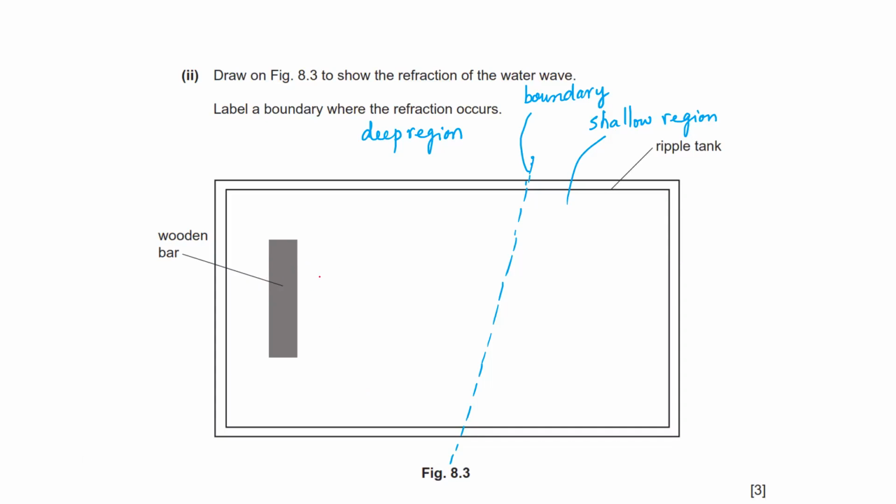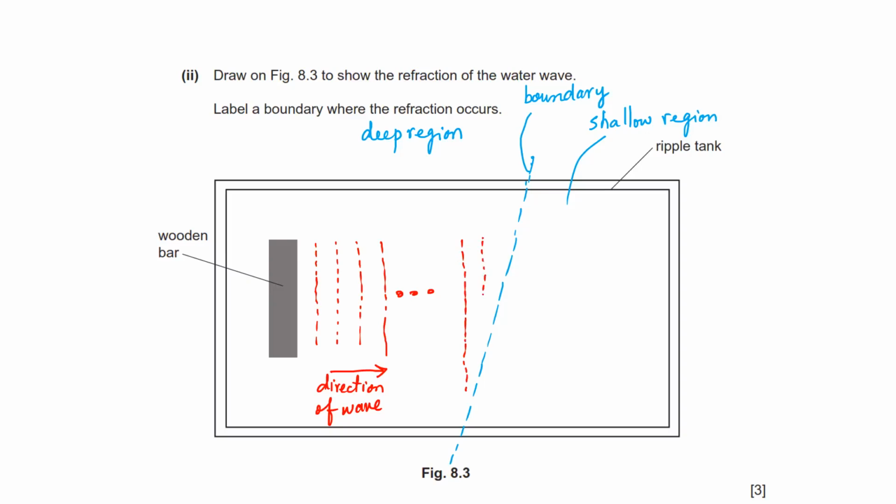Now I will be using red markers to draw the waves. This is the wooden bar going up and down. Remember, the waves have a constant frequency, so equidistant lines will be my waves or wave fronts, and this is the direction of the wave.